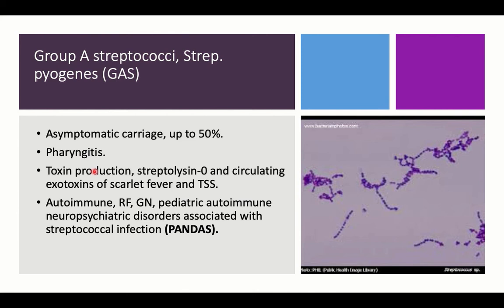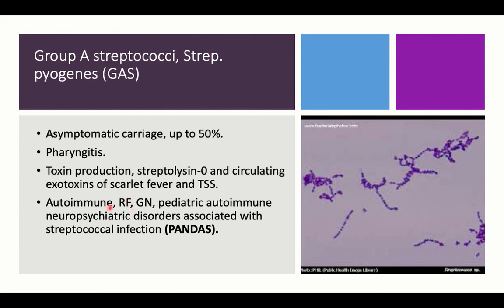It can produce exotoxins, including streptolysin O, for which we search for the anti-streptolysin O titer to get evidence of streptococcal infection. Circulating exotoxins of scarlet fever and toxic shock syndrome are also present. It can present with autoimmune phenomena due to its distinct M proteins.